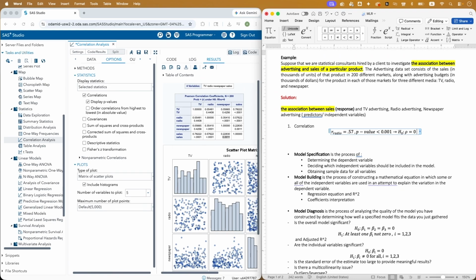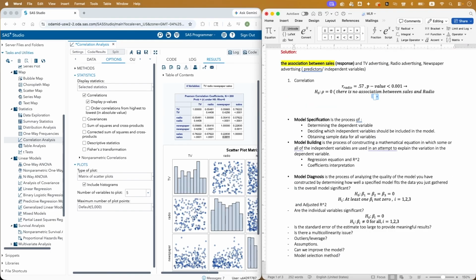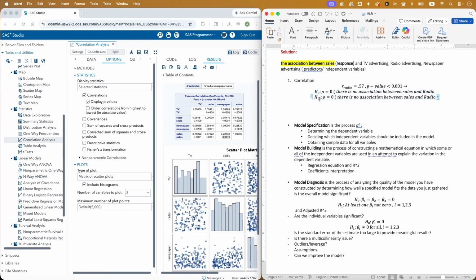So here we say there is no relationship, no association between sales and radio. Let me put this down. Next, the alternative hypothesis is that we do have an association, not zero. Or if you like, you can say greater than, a positive association. It's a one-tailed test.